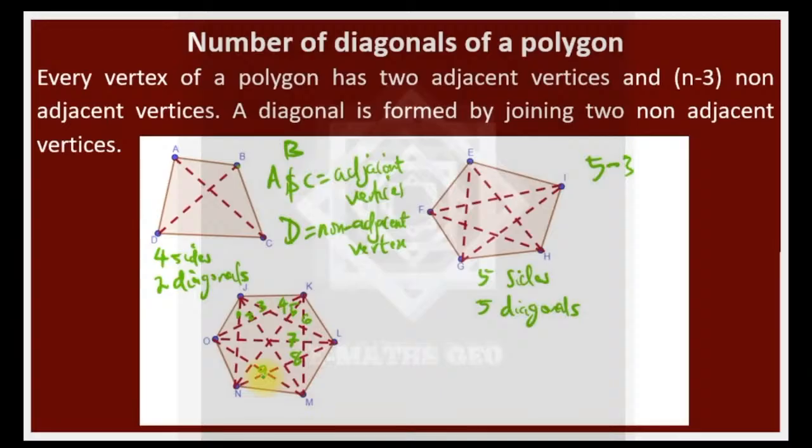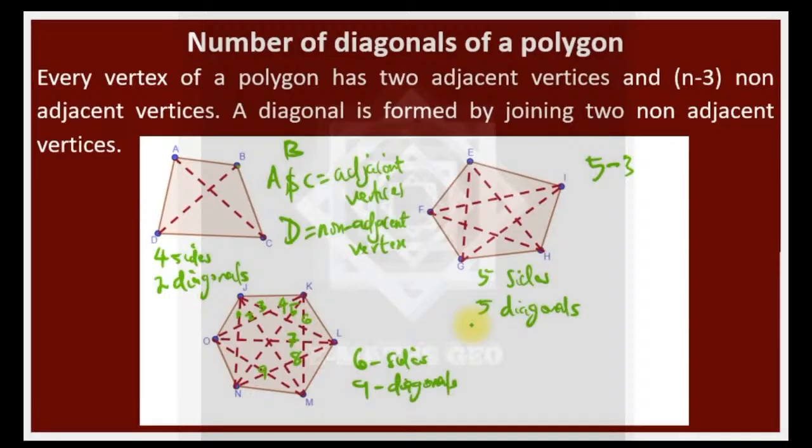No repetition. 9. So we have 6 sides and we have 9 diagonals. We can't just continue counting like this. We want to get a formula for that.